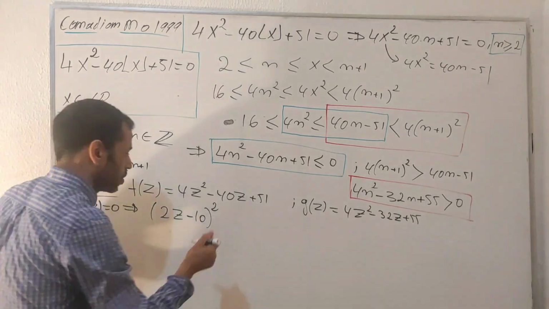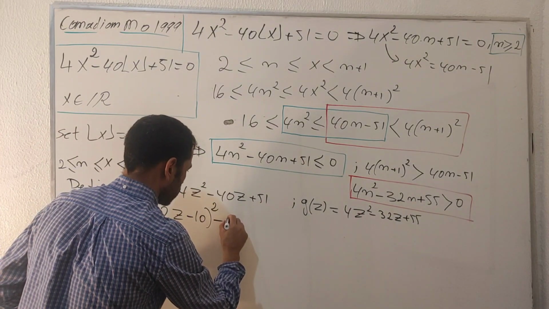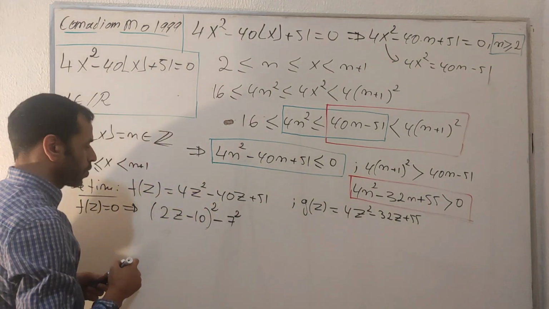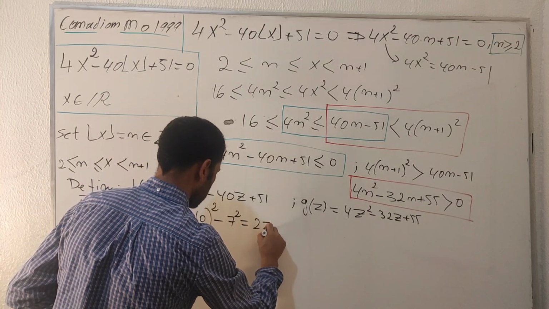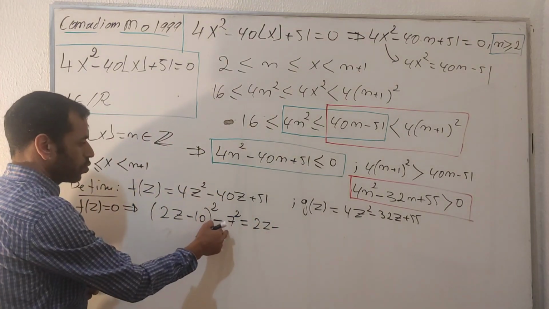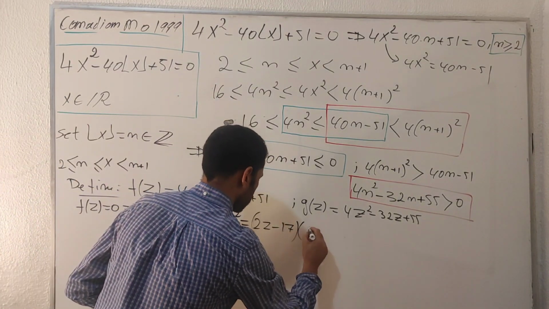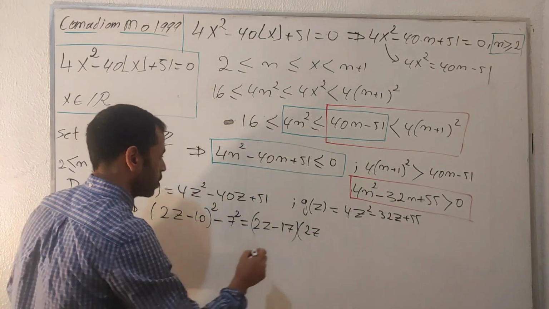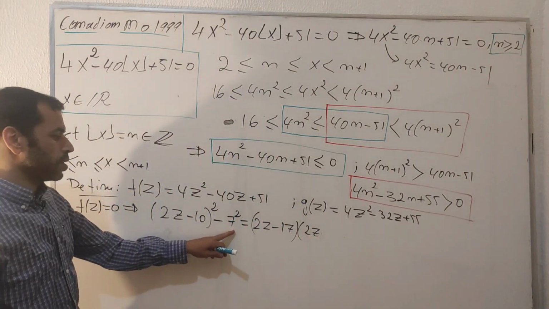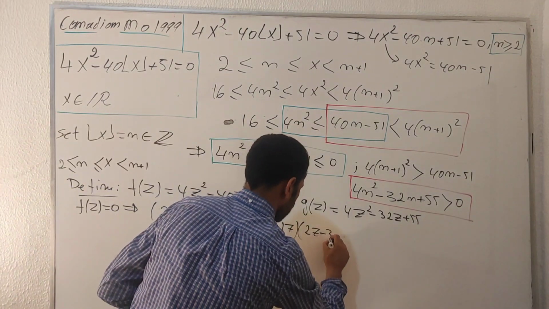I get 51, minus 49, which is 7 squared. Okay, this one is giving us 2z minus 10 minus 7, I get minus 17, factor 2z minus 10 plus 7, which is minus 3, equals 0.